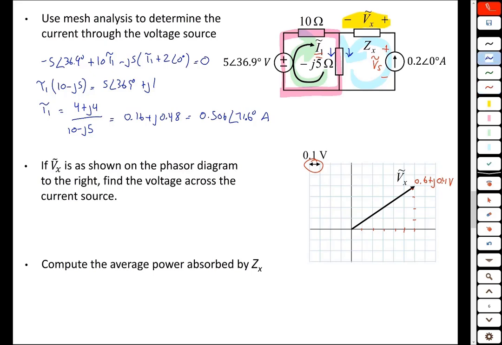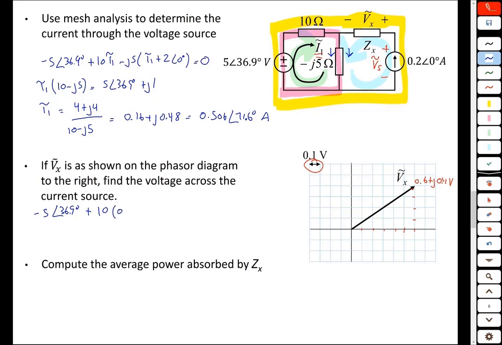Now, if we do KVL along this outer loop, voltage drop plus voltage drop plus voltage drop plus voltage drop is equal to 0, we get minus 5 at an angle of 36.9 degrees. The voltage drop across the 10 ohm resistor is 10 times its current, I1, but we know what I1 is.